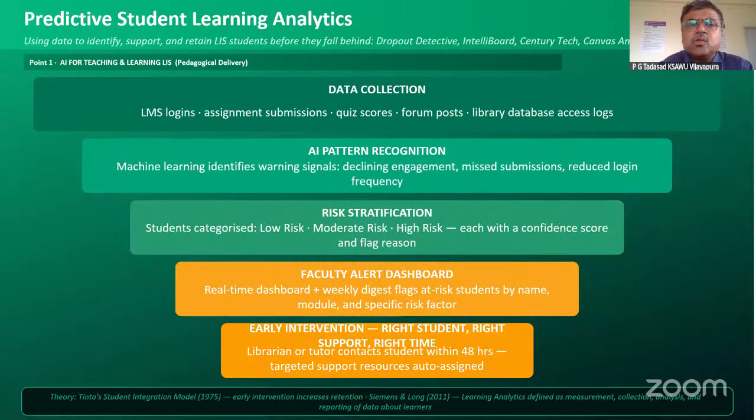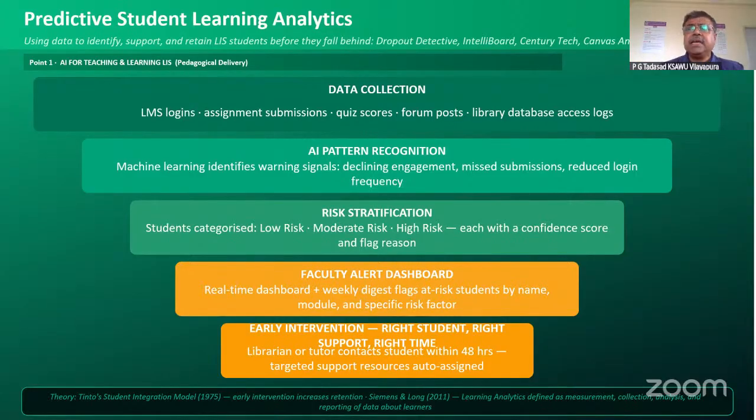The third, predictive student learning analytic techniques. Dropout Detective, IntelliBoard, Century Tech, Canvas Analytics, such tools, and there are many other tools that can be used to predict student learning analytics. We can collect data from learning management system logins, assignments, quiz scores, forum posts, library databases, access logs.